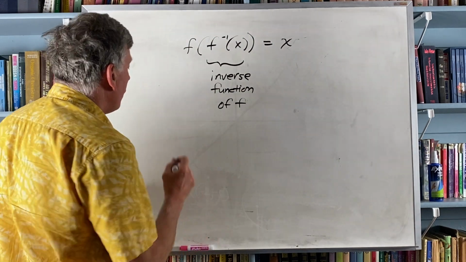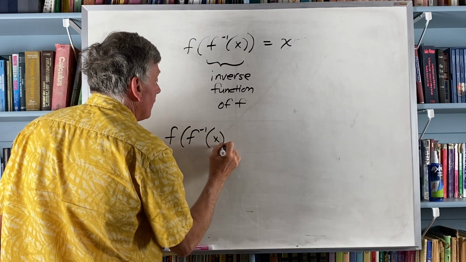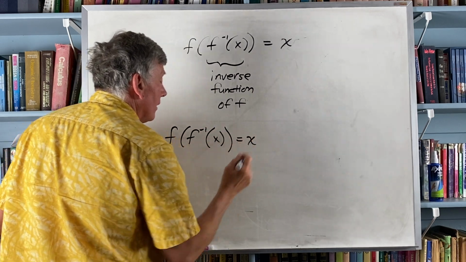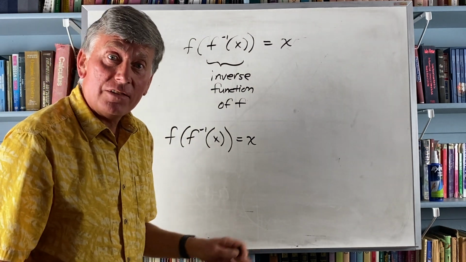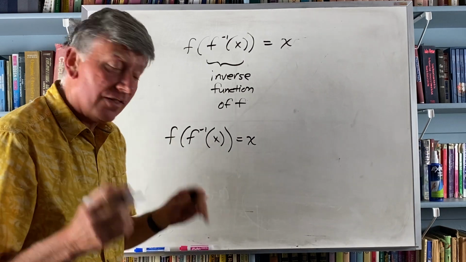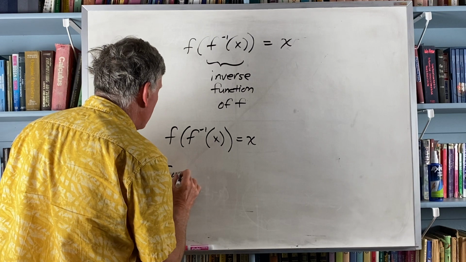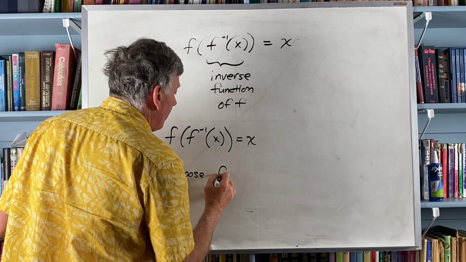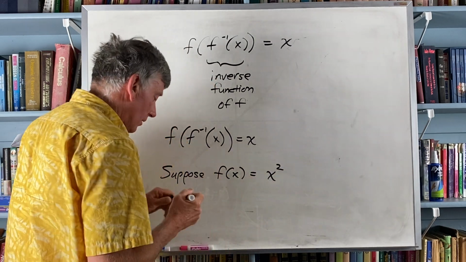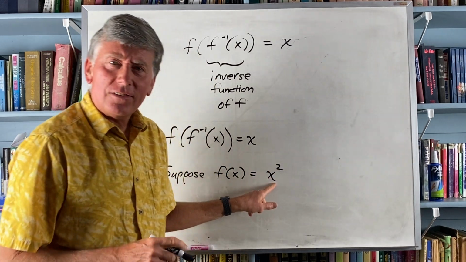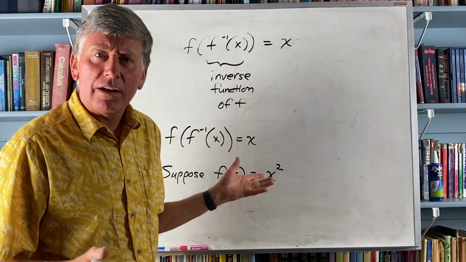It's very nice to know this, because if f of f inverse of x is x, then I can solve for f inverse. I can find out what f inverse is by doing this. Let's suppose f of x is equal to x squared. You're going to see that this is one of the typical foundational functions that we pull out of our hat.